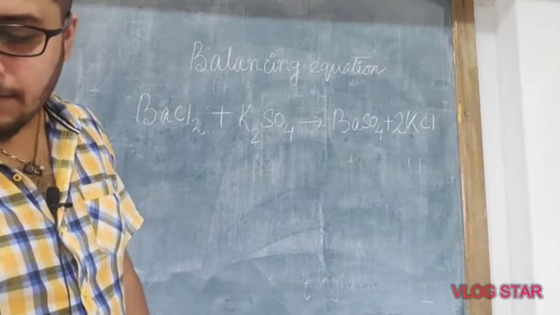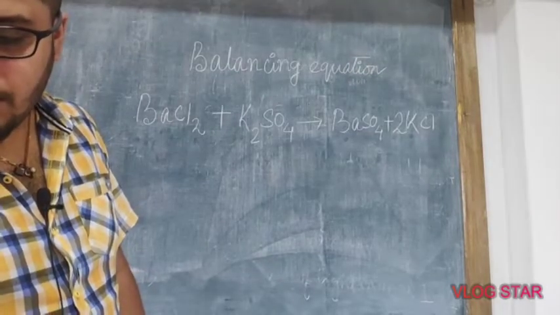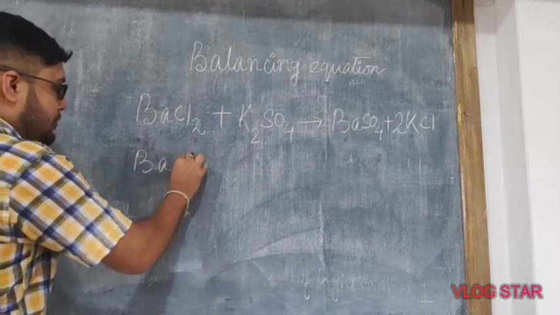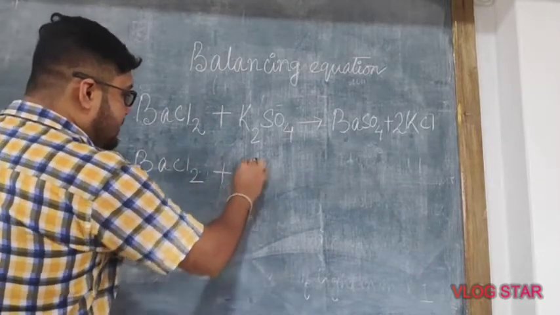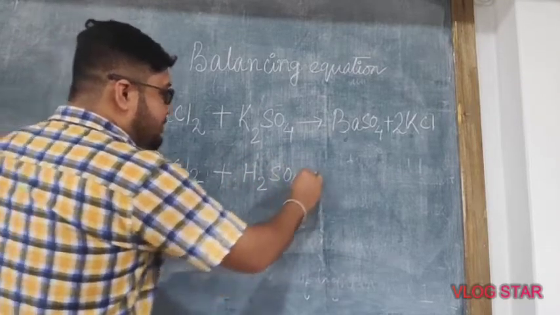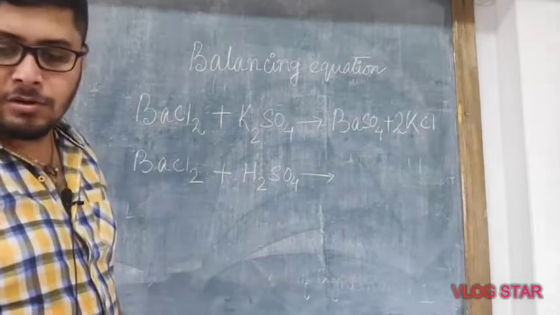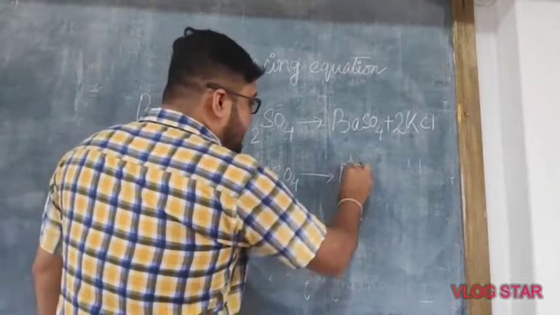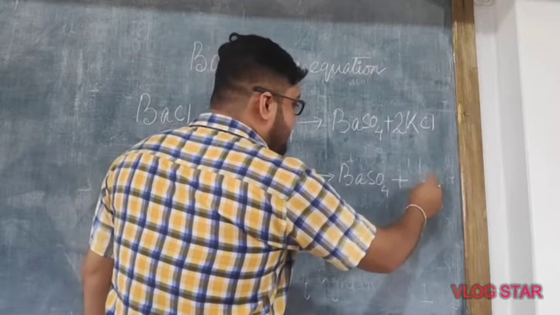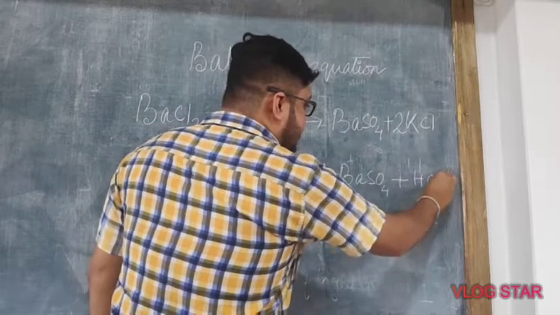Let us take another example. Say BaCl2 plus H2SO4, barium chloride plus sulfuric acid. What we will get is BaSO4 plus HCl.